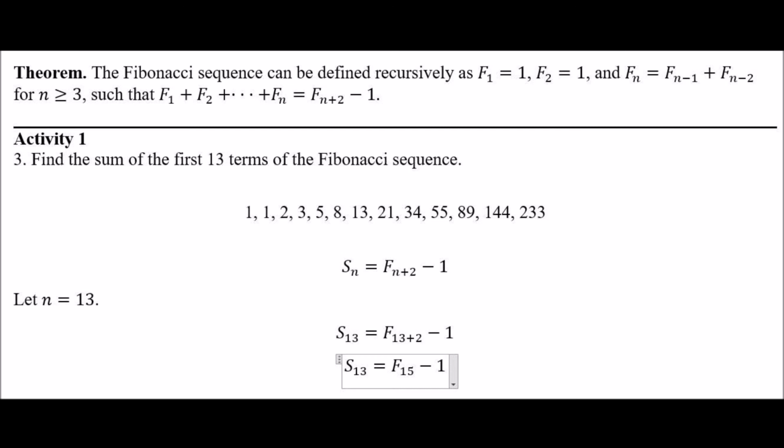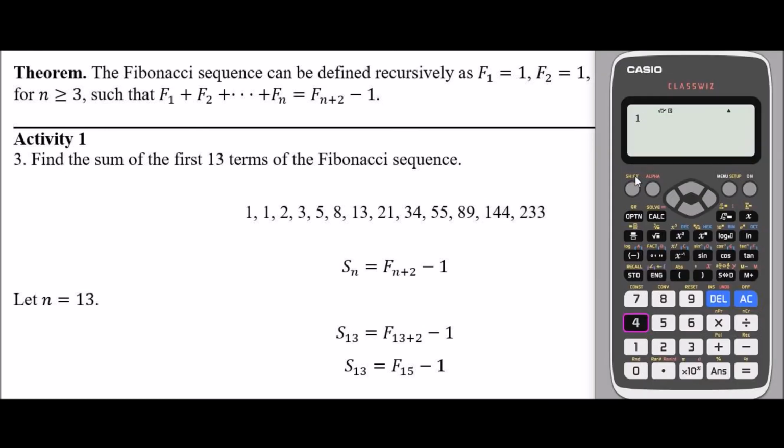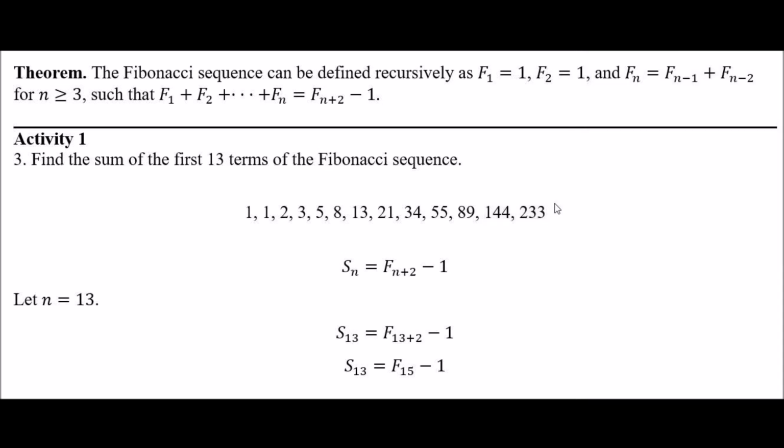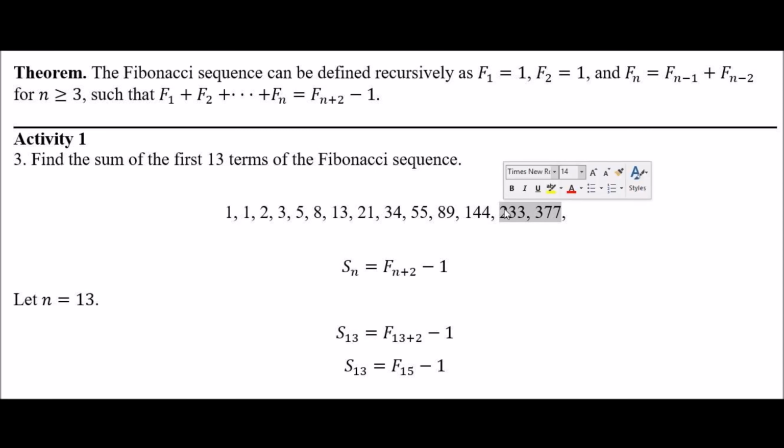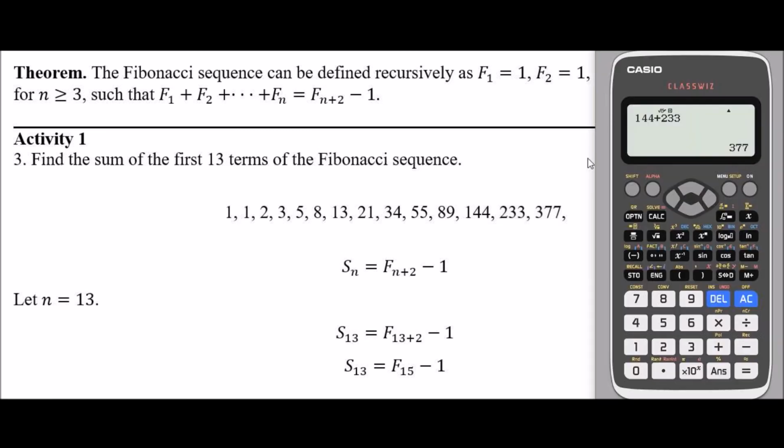By adding again 2 consecutive terms, 144 plus 233, using a calculator, is equal to 377. And for our 15th term, we have to add 233 and 377. And we have 610.